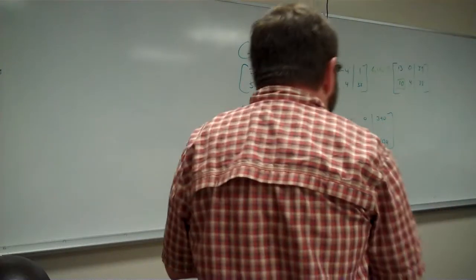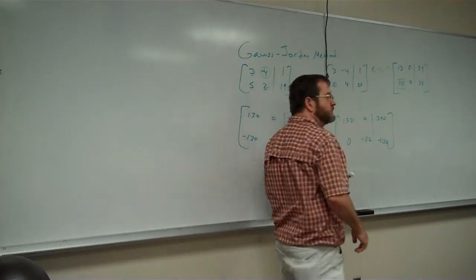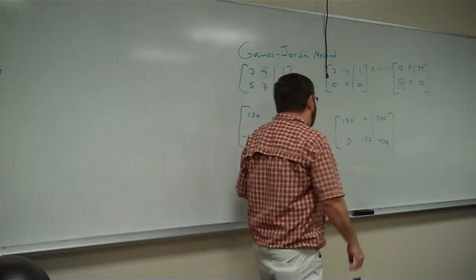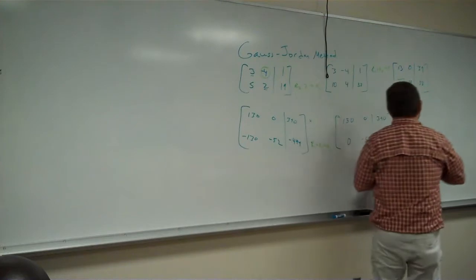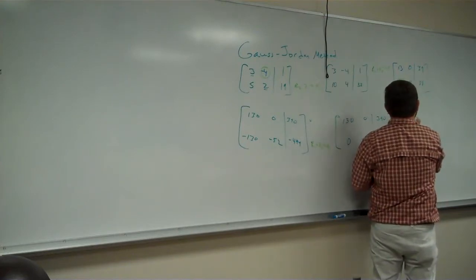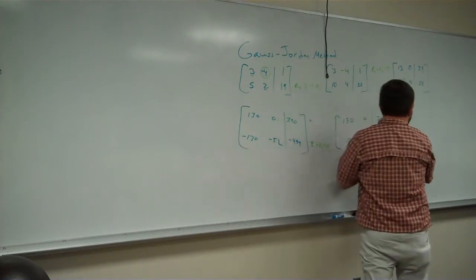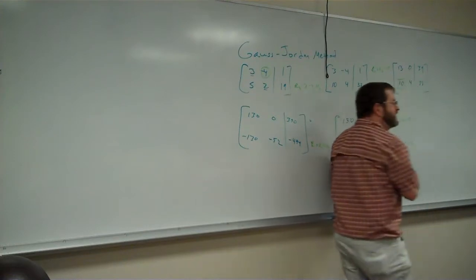I like the idea of making these numbers ones. How would I make these numbers 1? I could take the top row and divide by 130. Row 1 divided by 130 becomes the new row 1. And row 2 divided by negative 52 becomes the new row 2 is a perfectly fine thing.